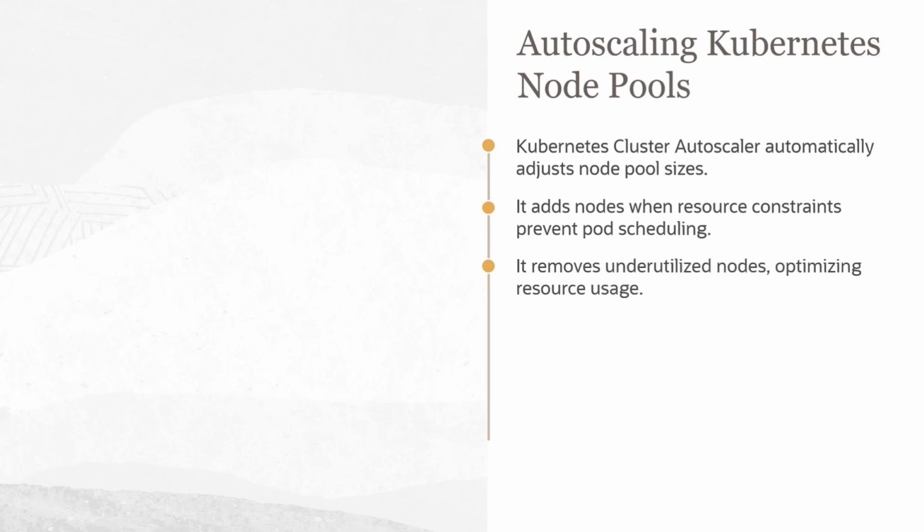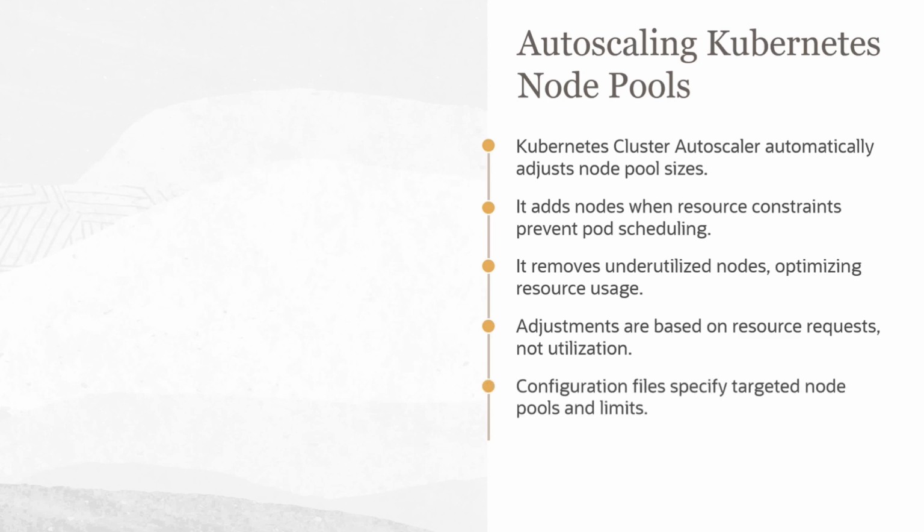On the flip side, it's equally adept at decluttering your environment by removing underutilized nodes, optimizing your resource usage for cost efficiency. It's important to note that these adjustments are resource request driven, not utilization driven. The autoscaler relies on specified resource requests, ensuring your applications get what they need.